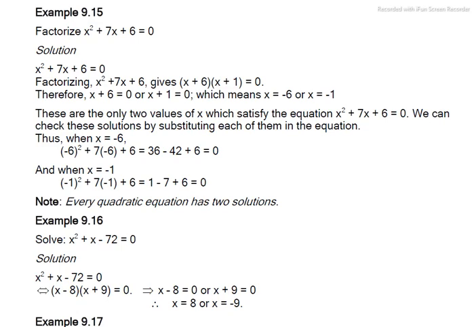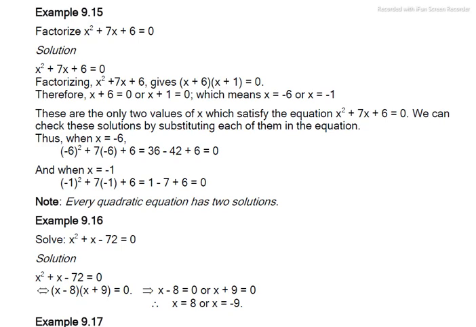I would advise you, before you look at solving quadratic equations, to first look at the video on factorizing quadratic expressions, because it is the same knowledge that we shall employ in solving quadratic equations.